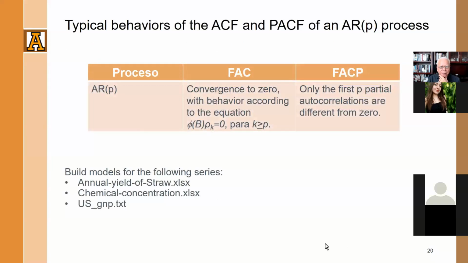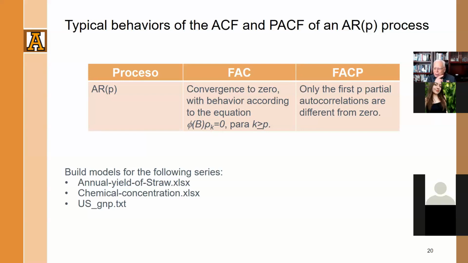Now, this is how the ACF and the PACF behave for an AR(P) process. We saw that the autocorrelation function converges to zero. And we saw last class, when we talked about autoregressive models, that it converges to zero according to the behavior given by the difference equation that determines the AR model: phi of B applied to rho_k equals zero.